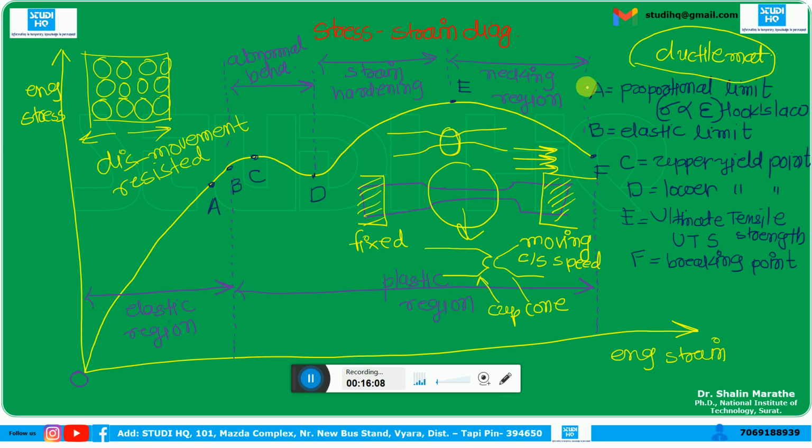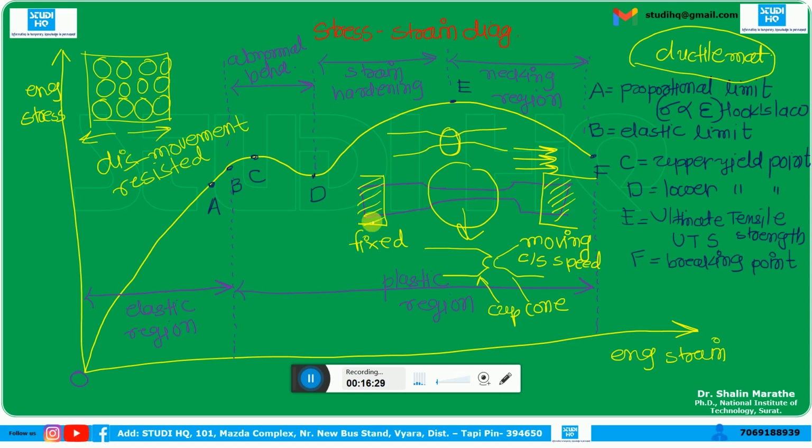If we test brittle material, we won't get this kind of stress strain diagram. Okay, so the stress strain diagram for the ductile material is completely different from the stress strain diagram of the brittle material.